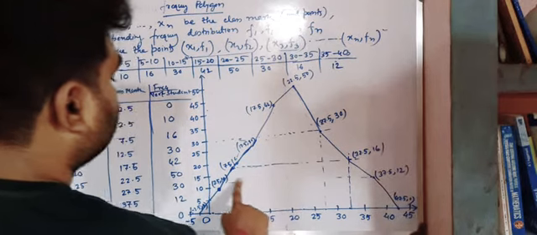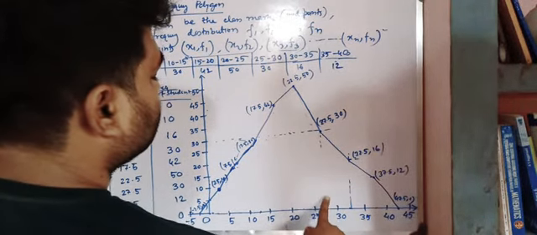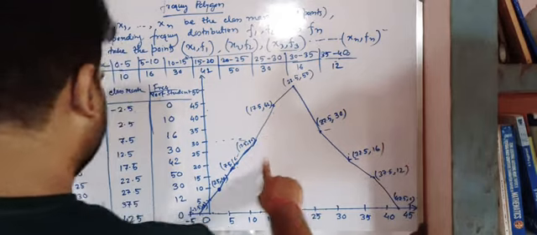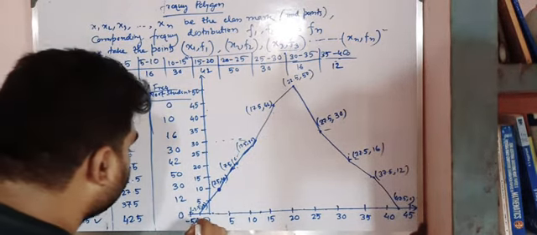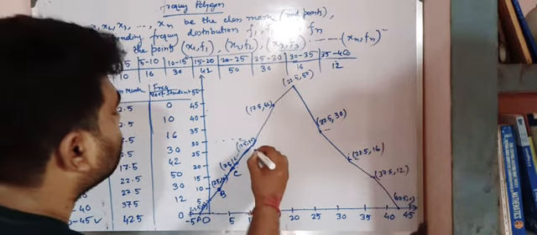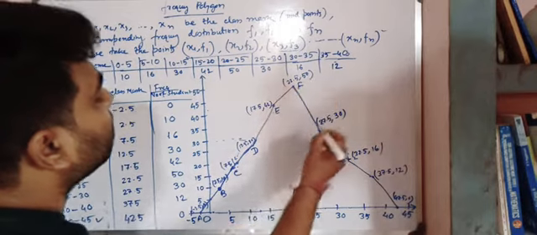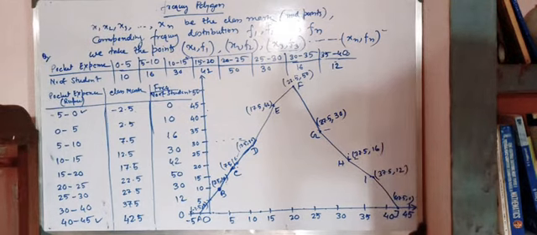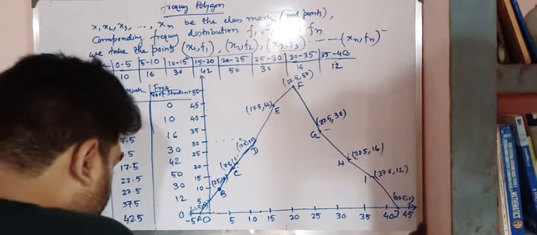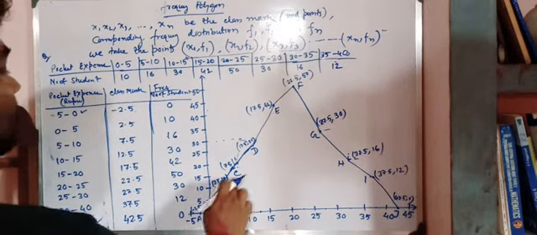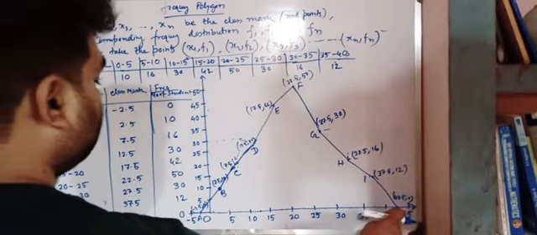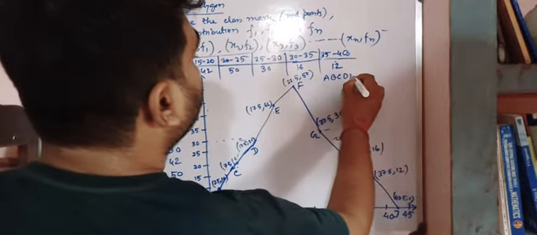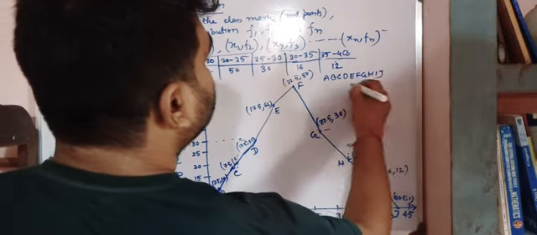Now we are just removing these lines, and giving this as A, this as B, C, D, E, F, G, H, I, this as J, and back to A.